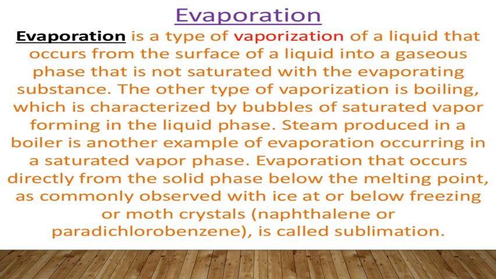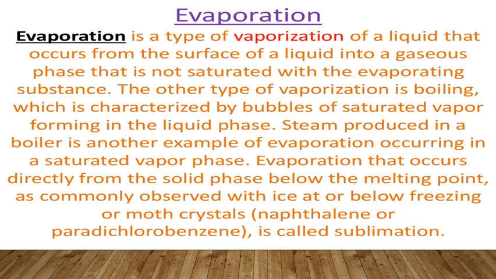The other type of vaporization is boiling, which is characterized by the bubbling of saturated vapor forming in the liquid phase. You see this process in your house also, like when you boil water. You see some vapor coming from the water when you boil it.